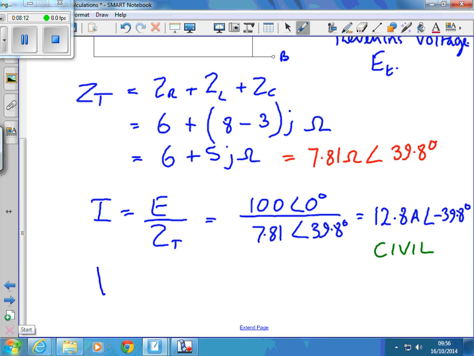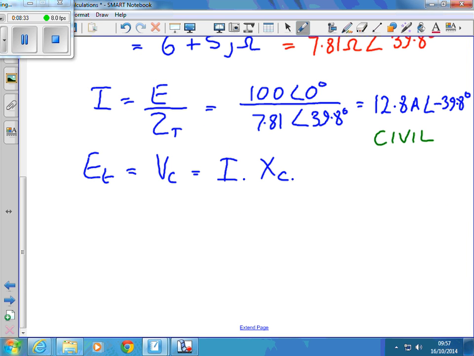So E little t, the Thevenin voltage, is equal to VC, which is equal to I times XC. I is our 12.8 angle minus 39.8. I'm going to multiply that by, we've got minus 3J. So what's the XC in polar form?